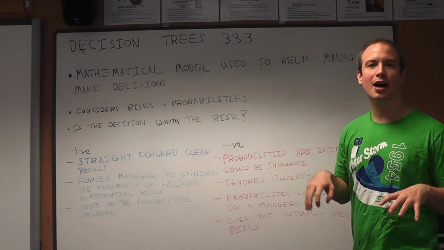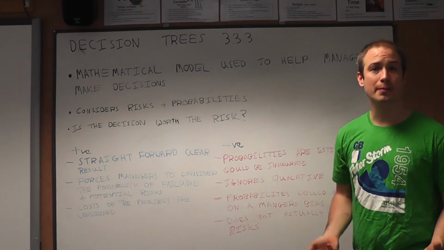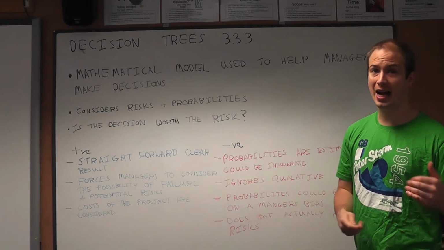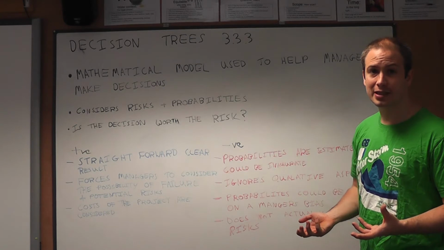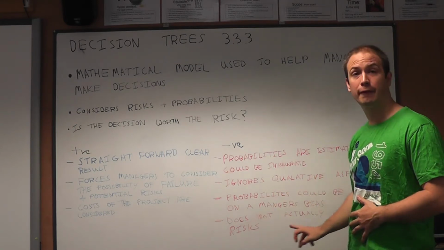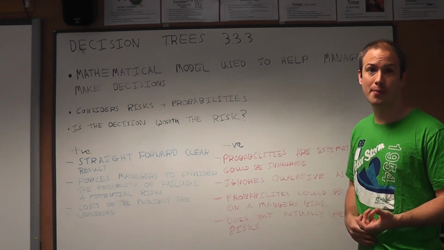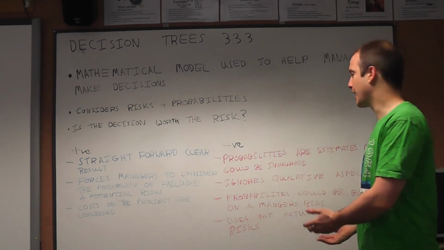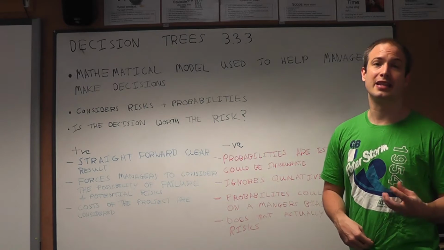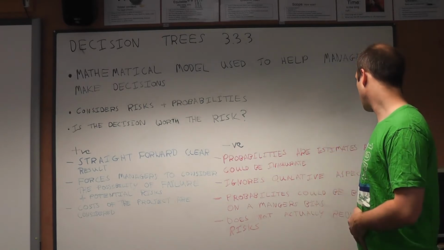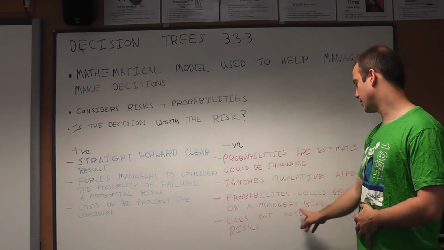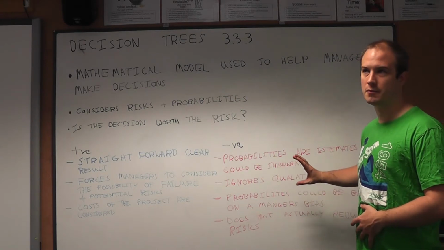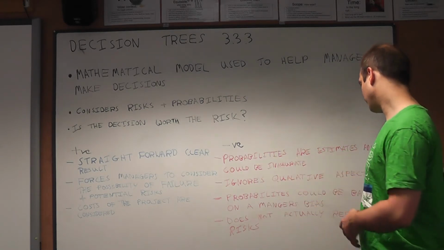So they may exaggerate the possibility of sun in the summer when actually they've got no data to do that. Or they might exaggerate the figures as to how successful their marketing campaign is going to be. They think they can sell 2 ice creams to everyone in the UK, for example, when really that's not realistic. So the managers could use their own bias to effectively skew the decision tree.